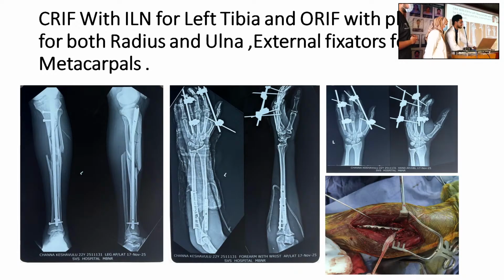We have done CRIF with nail for left tibia, ORIF with plating for both radius and ulna, and external fixator for left metacarpals. So, CRIF with nail, sir.